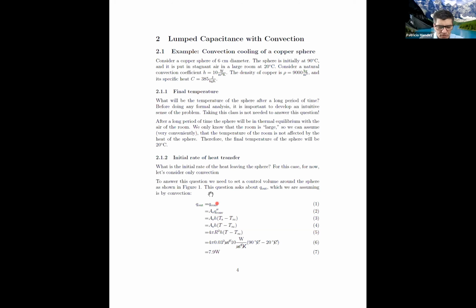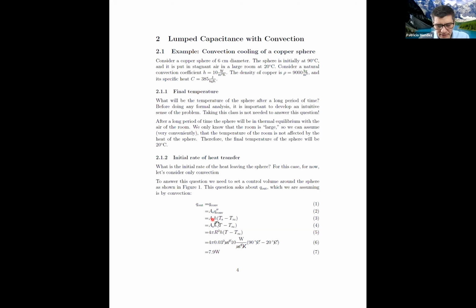So the heat losses by convection are surface area times the heat flux by convection. This heat flux by convection, we saw it. This exam is open book. And when we have normal classes not online, you also have a formula sheet. But the truth is that this is something that you will very soon know by heart.